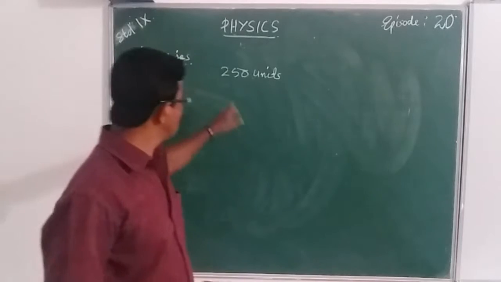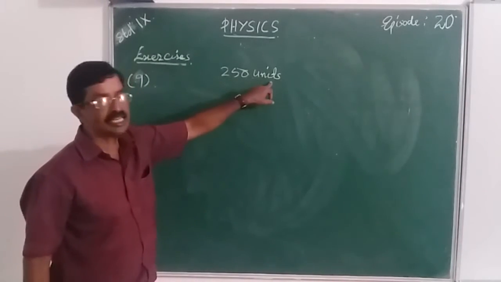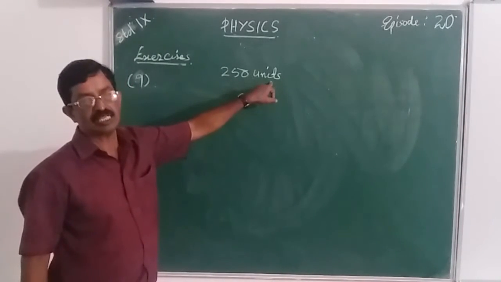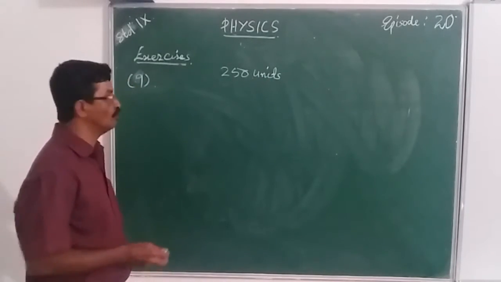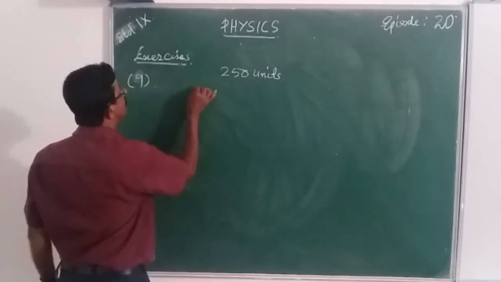The energy consumed is 250 units. That means 250 units means 250 kilowatt hour of energy consumed.